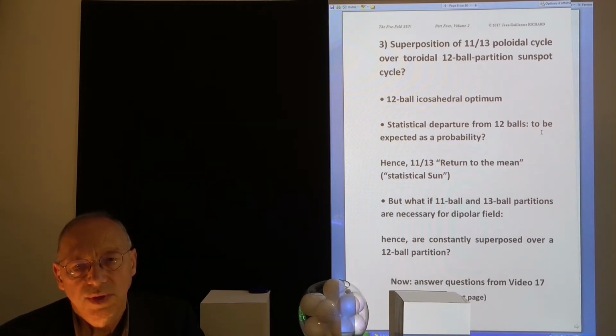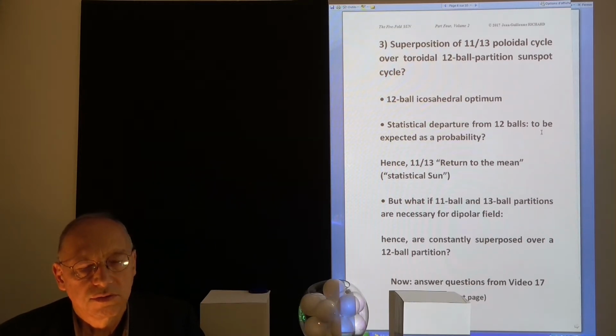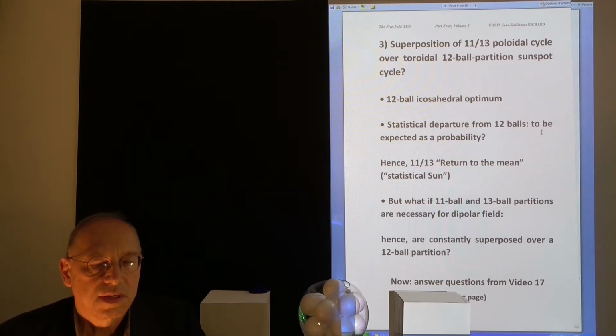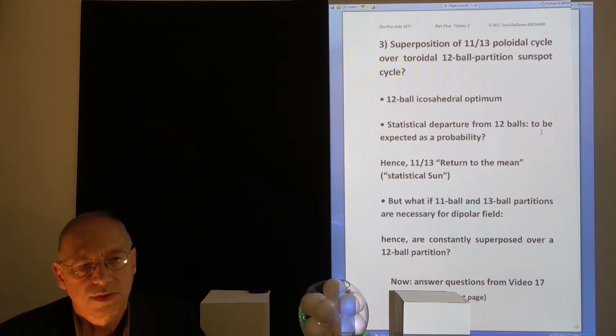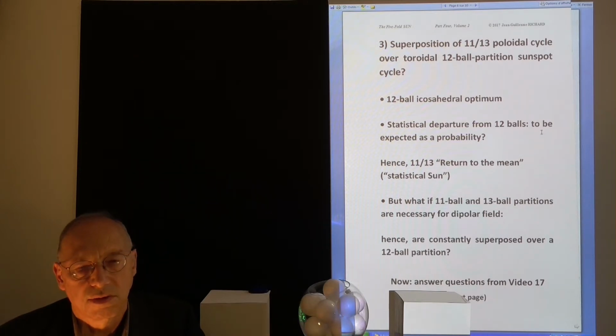This rationale would be that the 11-ball and 13-ball partitions do not occur by chance, but because they are necessary for the production of a dipolar field. So instead of a statistical Sun, we will have a more deterministic Sun with two sets of preconditions for its cycle, one for the toroidal cycle, icosahedral, and one for the dipolar poloidal cycle.